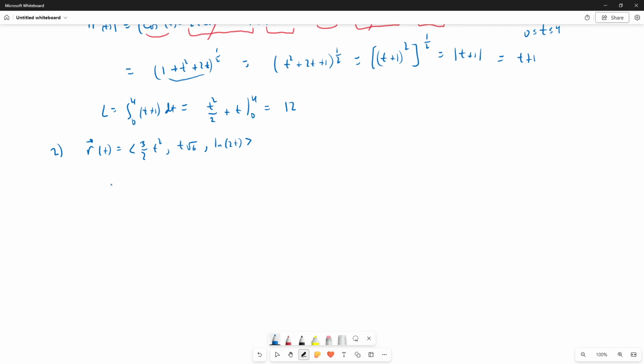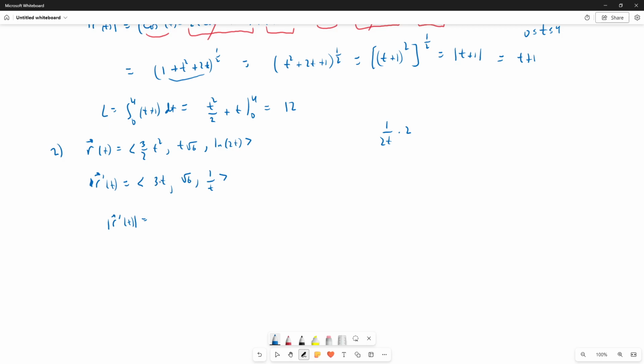So the magnitude, so first r prime of t, and then the magnitude. r prime of t is 3t, square root of 6, and then chain rule here, we'll get 1 over 2t times 2, which is 1 over t.